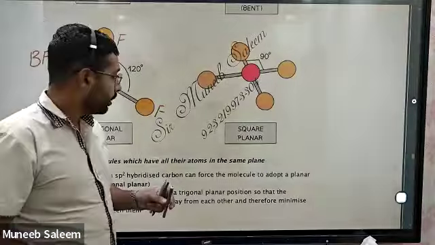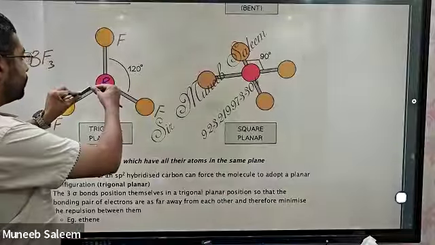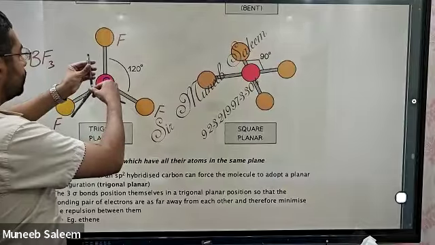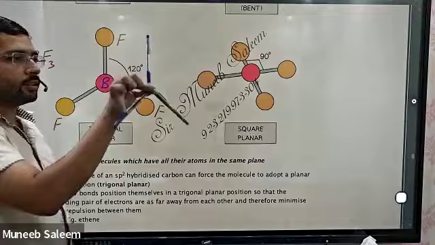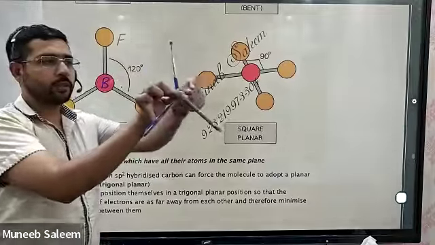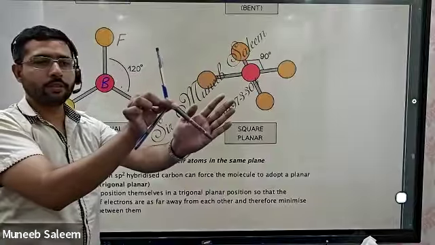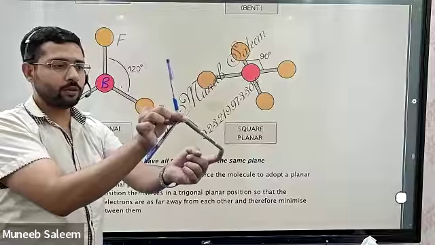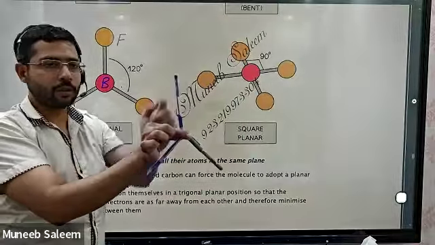Let's suppose I take this one as one bond, this one as another bond, and then this is a third bond. They are all connected through the central atom, and these three bonds are present in a single plane. We can consider one atom is present on this corner, one atom on this corner, and another atom on this corner.